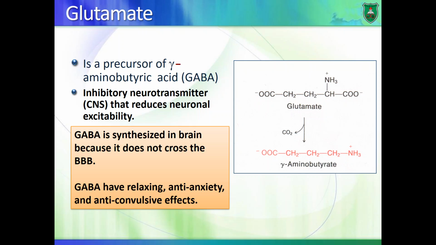It reduces neuronal excitability. Okay, and it must be synthesized in the brain, since the brain has a blood-brain barrier. GABA has relaxing, anti-anxiety and anti-convulsive effects.